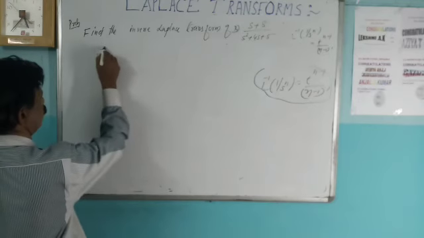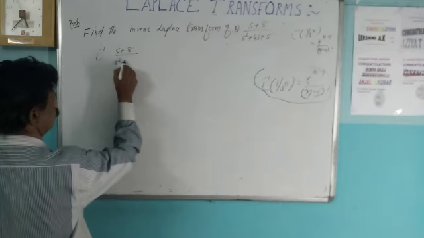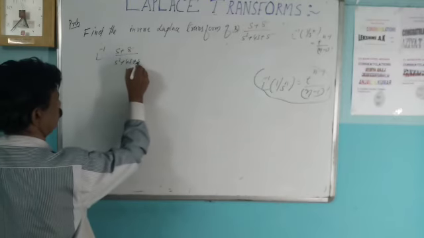Laplace inverse of (s plus 8) divided by (s square plus 4s plus 5).